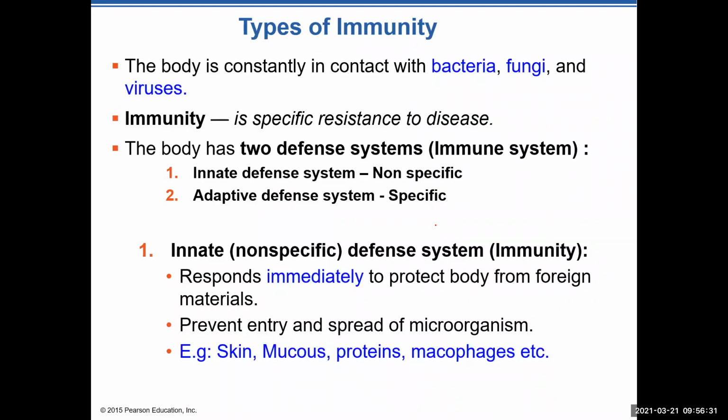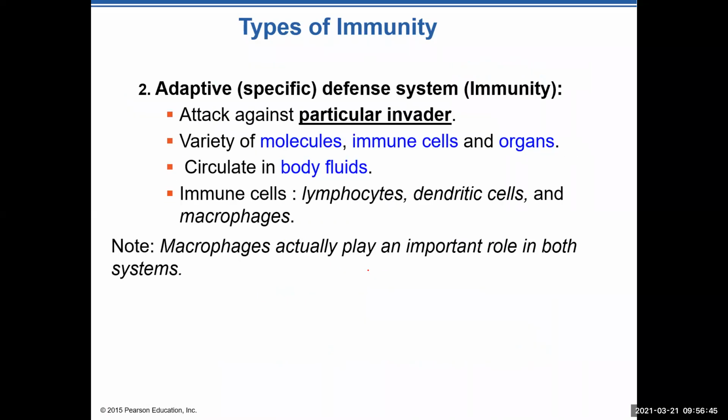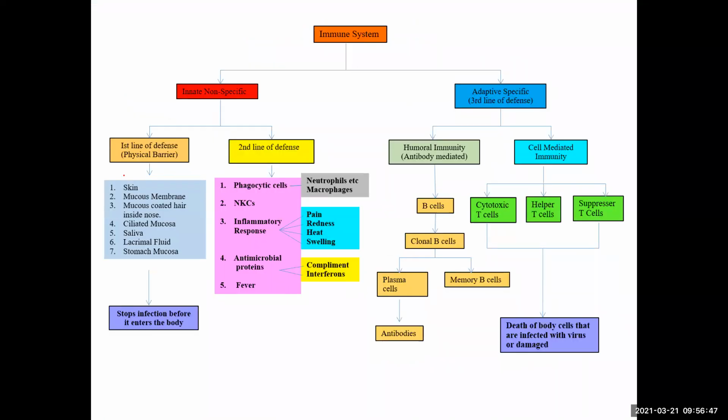Then we discussed immunity. We said we have innate immunity and adaptive immunity. If you remember the table which we spoke about, in the innate immunity, these are all the things which give us innate immunity: the physical barrier, the first line of defense, where the skin and the mucous membrane play a very important role, right?